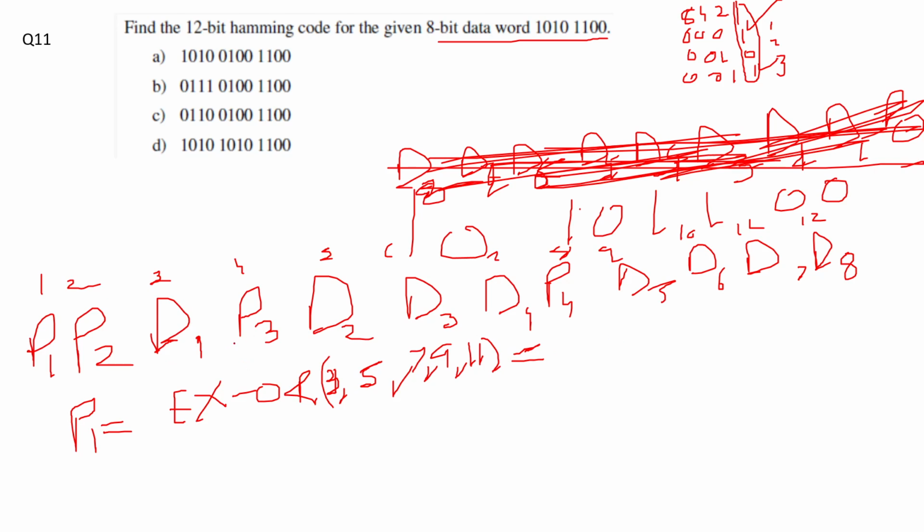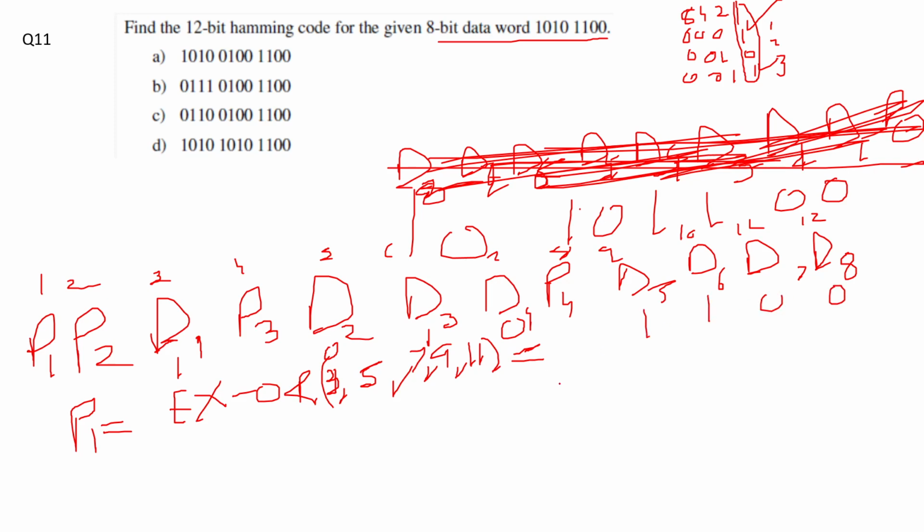So 3 5 7, let me just write the bits here. So it is 1, 1 0, 1 0, then 1 1 0 0.